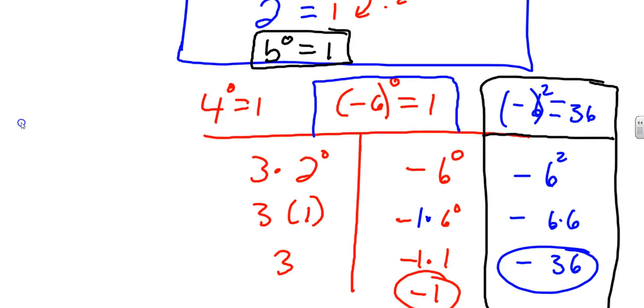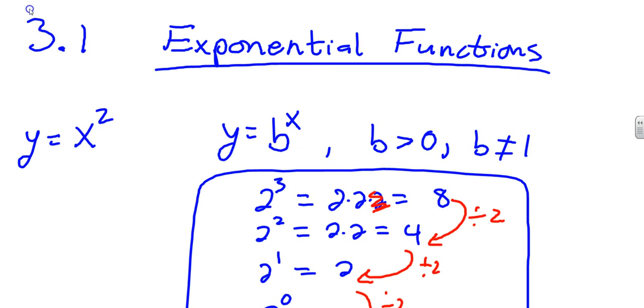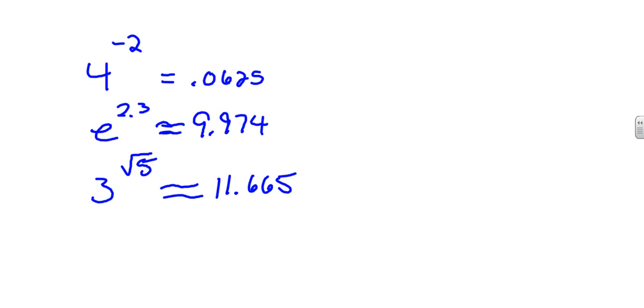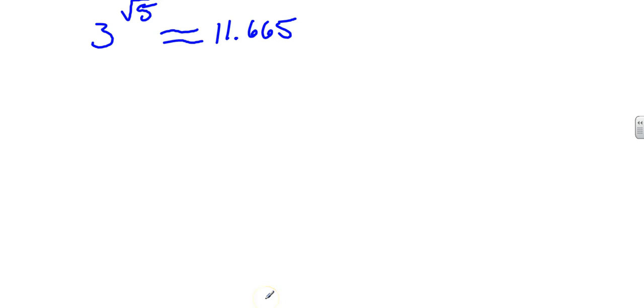Here's where we're going to come back to the exponential part, back to this equation, y equals b to the x power. The big thing they're going to have you do in section 1 is get used to just working with the exponential function a little bit.